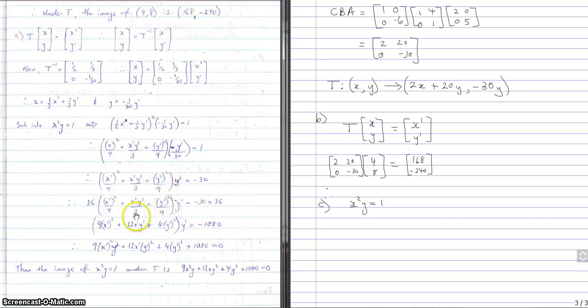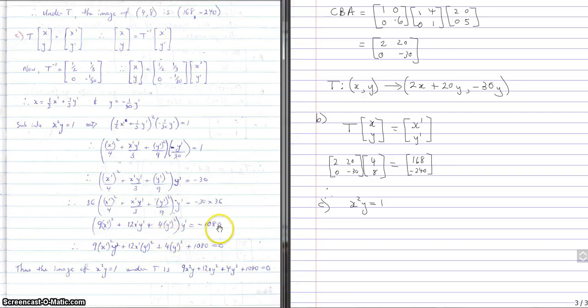Now the lowest common denominator amongst these three numbers here is 36. So multiplying both sides by 36, we end up with negative 30 times 36 on the right hand side, and on the left hand side that 36 will cancel with the denominators, leaving these numerators 9, 12 and 4.